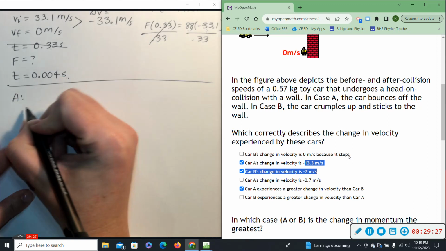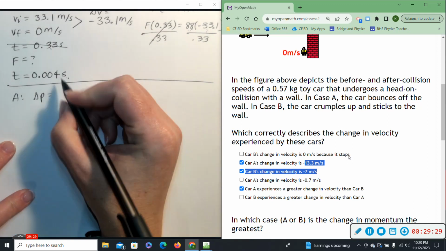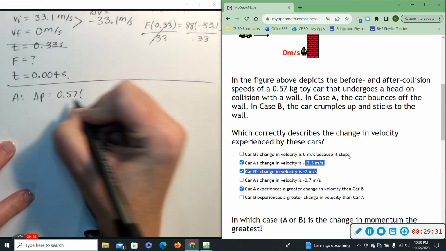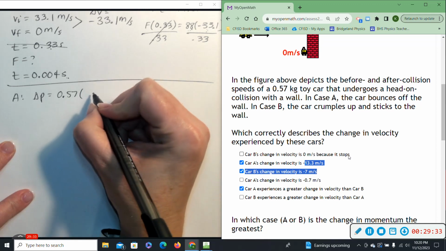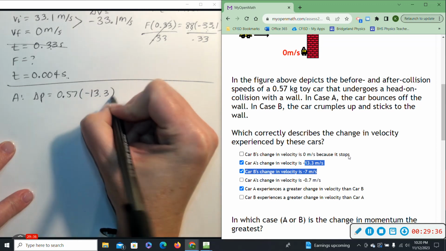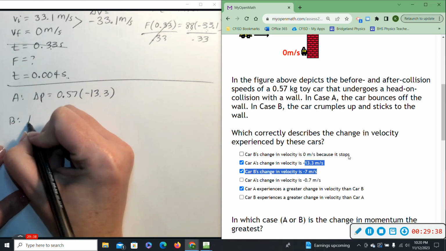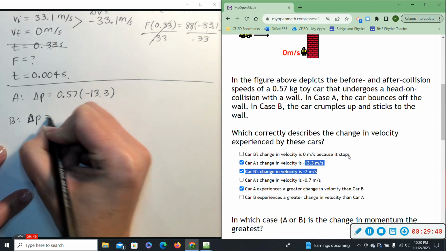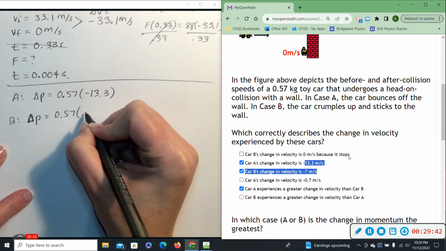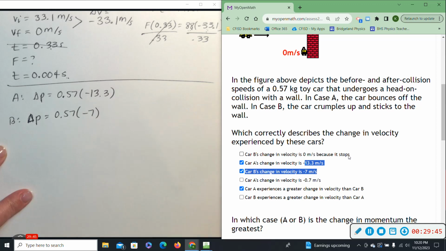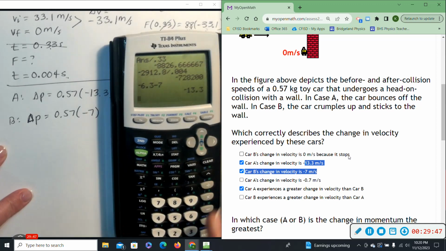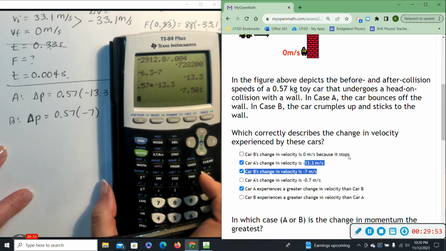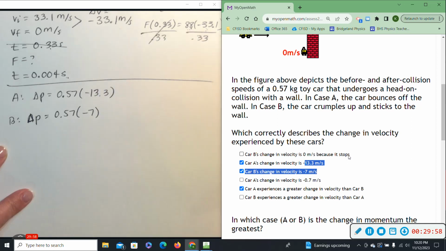For car A, the change in momentum is going to be 0.57 times its change in velocity, -13.3. Car B is going to have a change in momentum of 0.57 times its change in velocity, -7. Let's calculate that. 0.57 times -13.3 gives me a change in momentum, and thus an impulse, of negative 7.581.